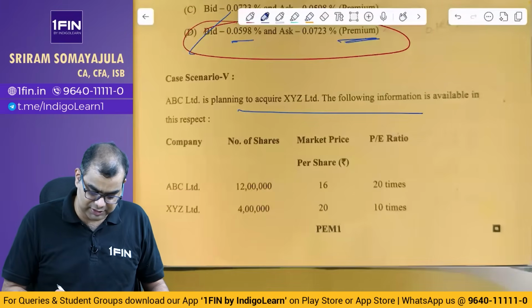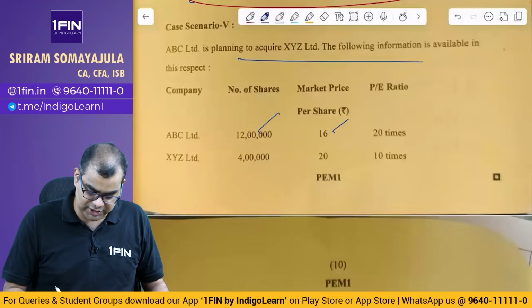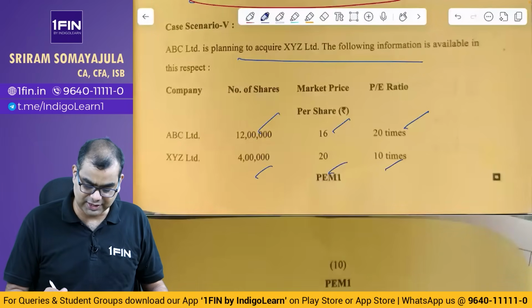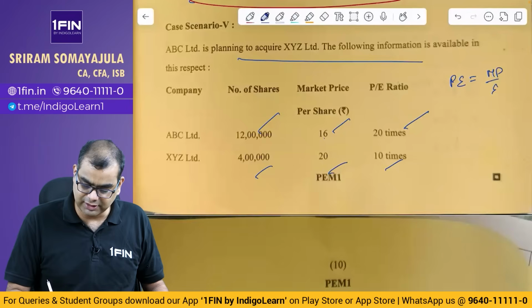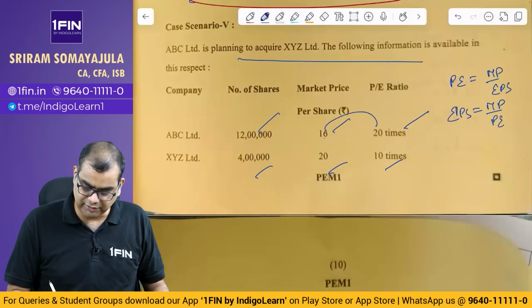Following information is available. ABC number of shares, market price, PE ratio; XYZ number of shares, market price, PE ratio. So the moment I looked at this, when I saw number of shares, market price and PE ratio, first thing, PE is equal to market price by EPS, or EPS is equal to market price by PE. So 16 by 20, 0.8; 20 by 10, 2.0.